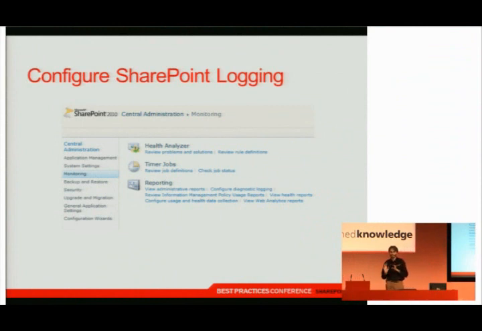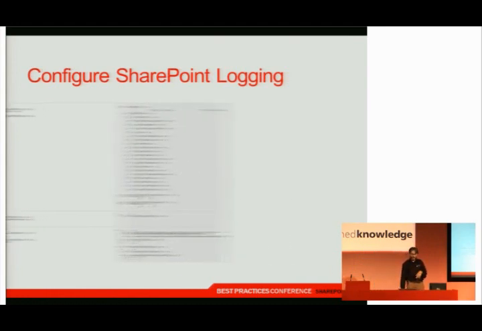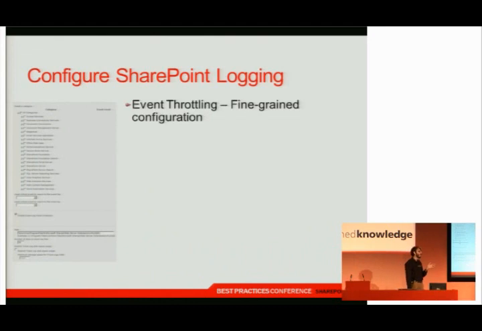I guess that many of you know that in the central administration there is a monitoring section, okay? You can click there and you have some configuration settings by which you can tune the SharePoint logging system. This is a huge improvement if you compare this with what you had in SharePoint 2007, because, for example, you have a very fine-grained configuration of the event levels that you want to be logged in the log file or the NT event viewer.